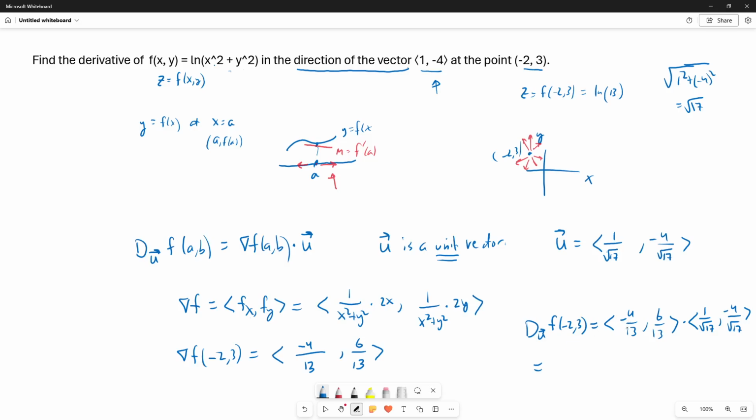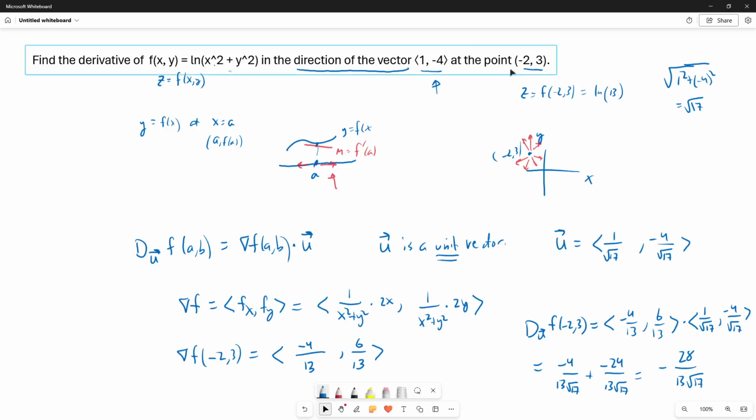This dot product is: multiply the x coordinates, -4 over 13√17, plus multiply the y coordinates, -24 over 13√17, and altogether we get -28 over 13√17. So there is the derivative above the point (-2, 3) and in the direction of the vector ⟨1, -4⟩.